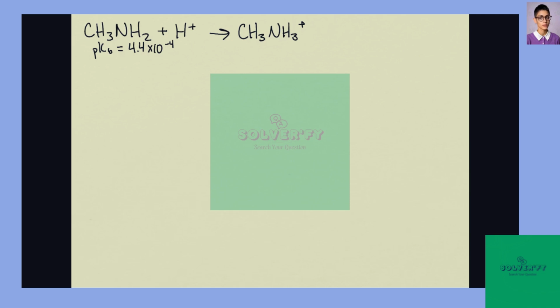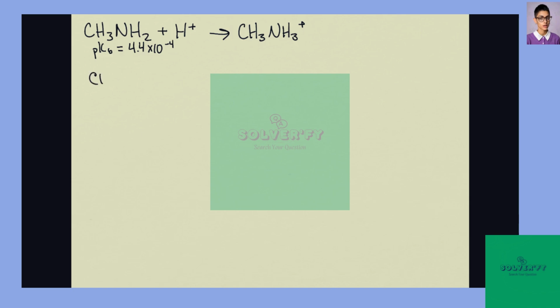Because HCl is a strong acid, it will react completely with the weak base, CH3NH2, to form CH3NH3+. So we can now do this part of the problem as a weak acid dissociation problem.